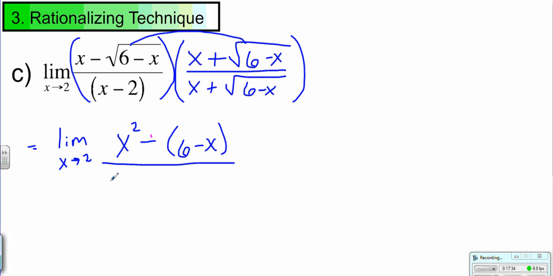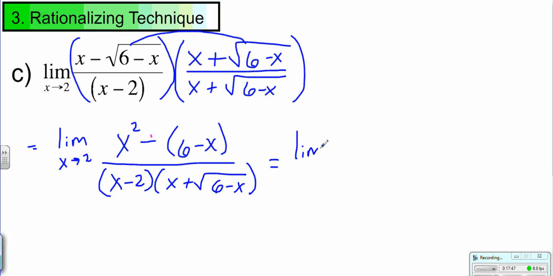On bottom, I really don't want to FOIL that, so I'm just going to rewrite it as is and hope that one of these factors disappears. On top, still kind of a mess, the limit as x goes to 2. I'd have x squared, the negative 6, and negative times negative will give me positive x over x minus 2.